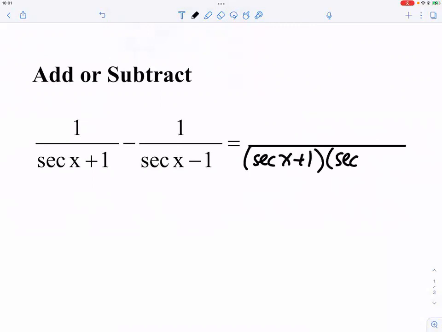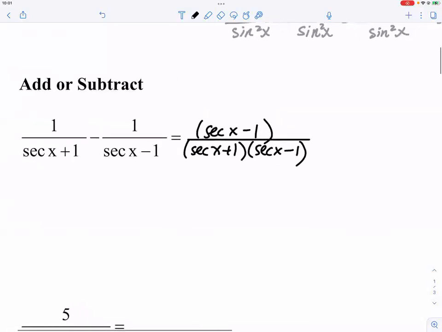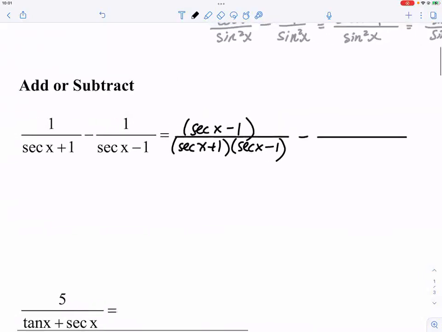There are not many things you can choose, actually. So for the first fraction, you would multiply by secant x minus 1 over secant x minus 1. For the second fraction, you would write down, but they have the same denominator. But then you multiply secant x plus 1 for both numerator and denominator. Yes?